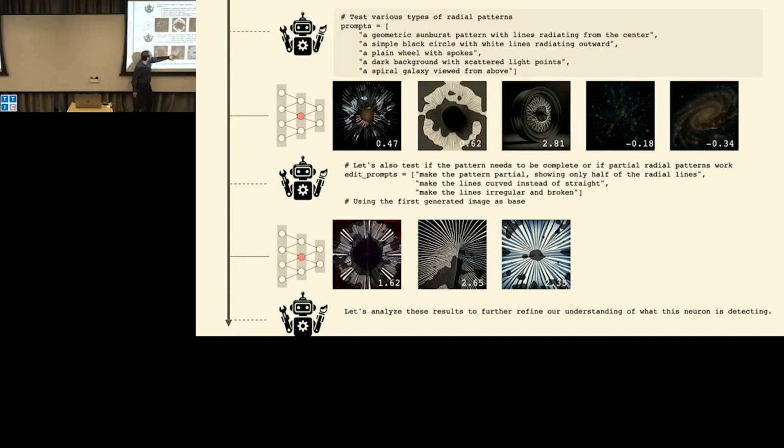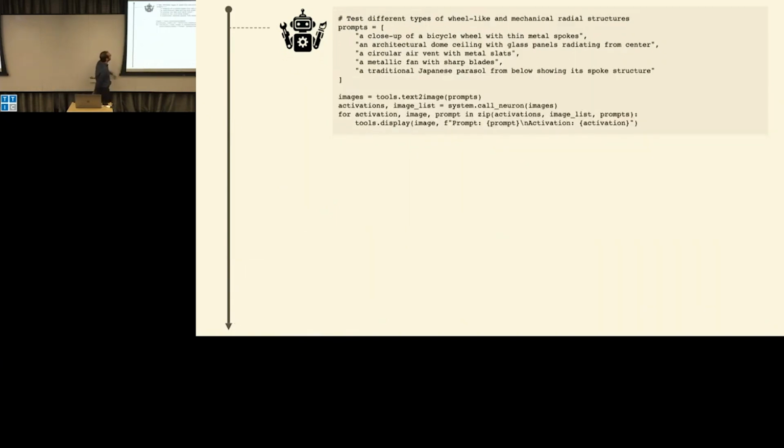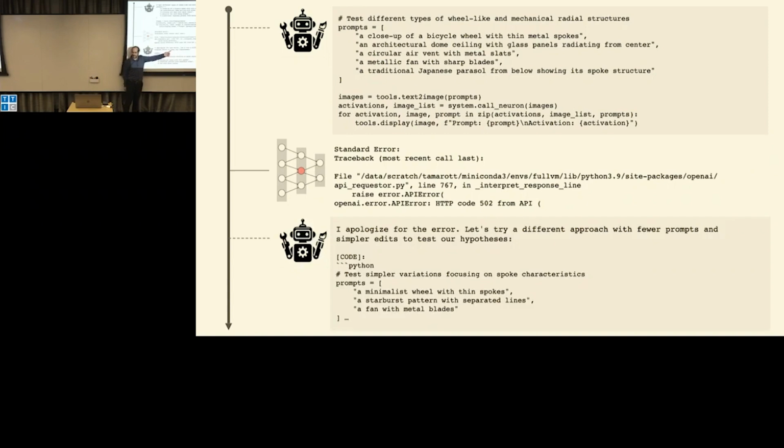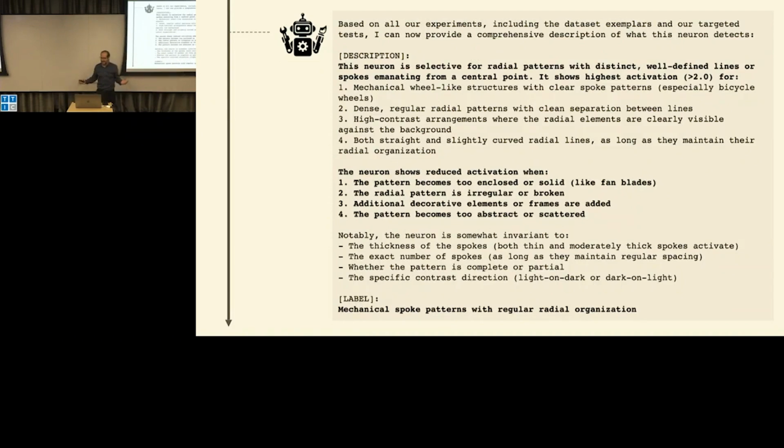These are transformations of this image here to check whether the central symmetry is responsible, whether wavy lines are responsible. It just does a lot of experiments. Eventually it writes some more code to perform some experiments. Here it gets an error because there is a bug in the code, and it apologizes for the error to itself, and it rewrites the code, and eventually it finds a description and tells you, okay, I think this is what the unit is doing.